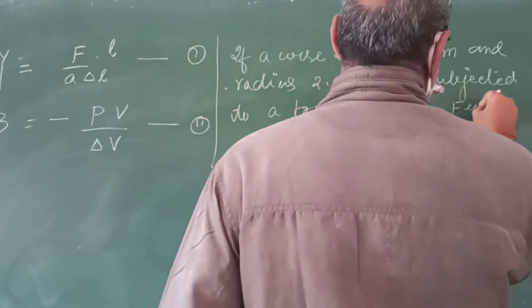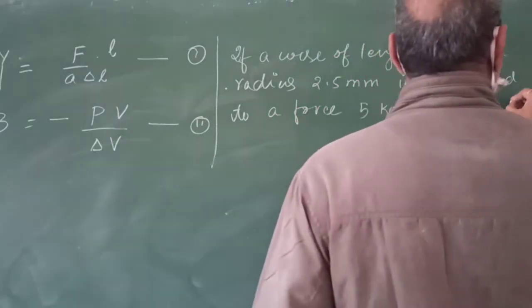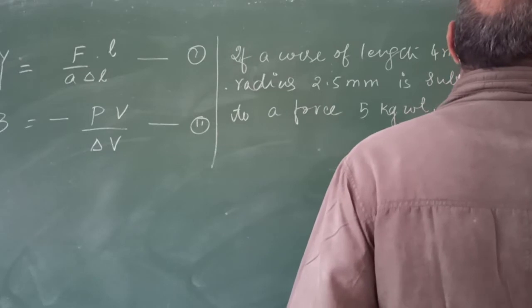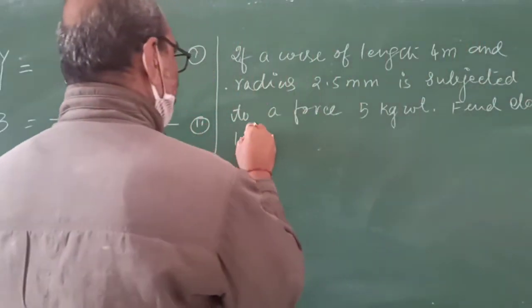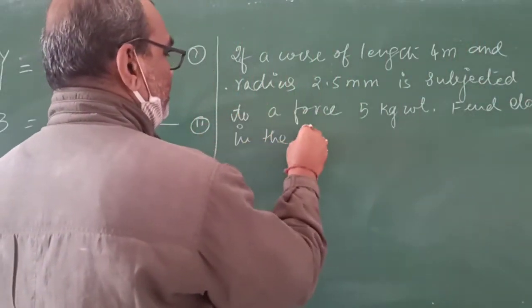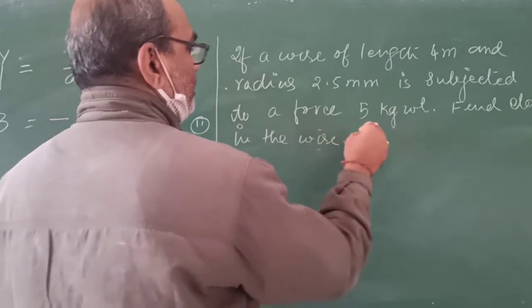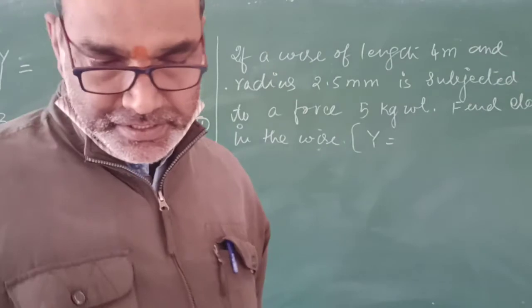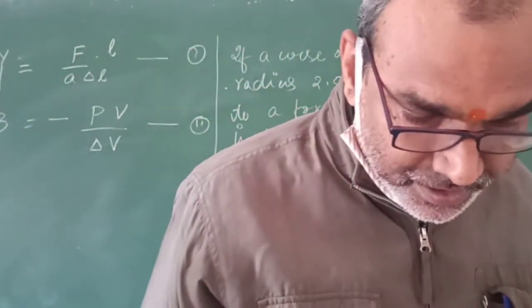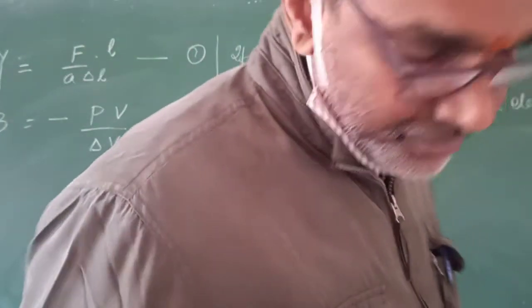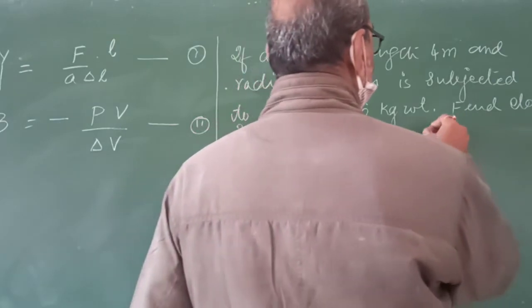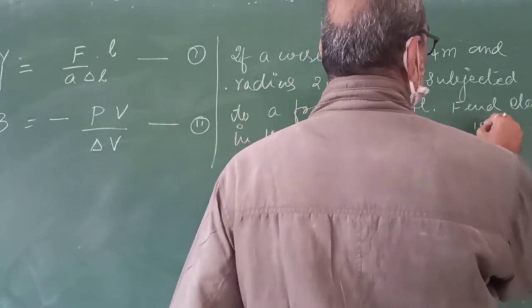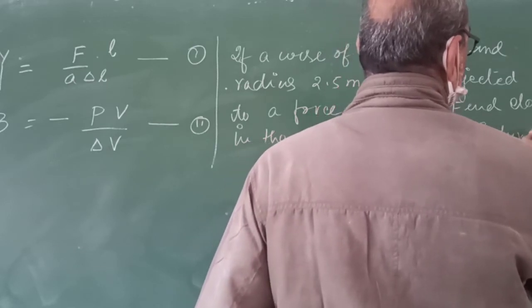Find the elongation in the wire. Given Young's modulus is equal to 2.4 into 10 to the power 12 dyne per centimeter square.